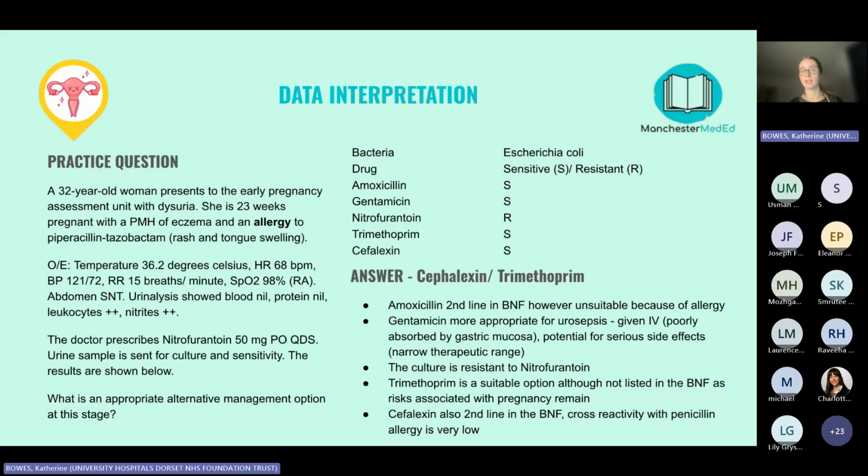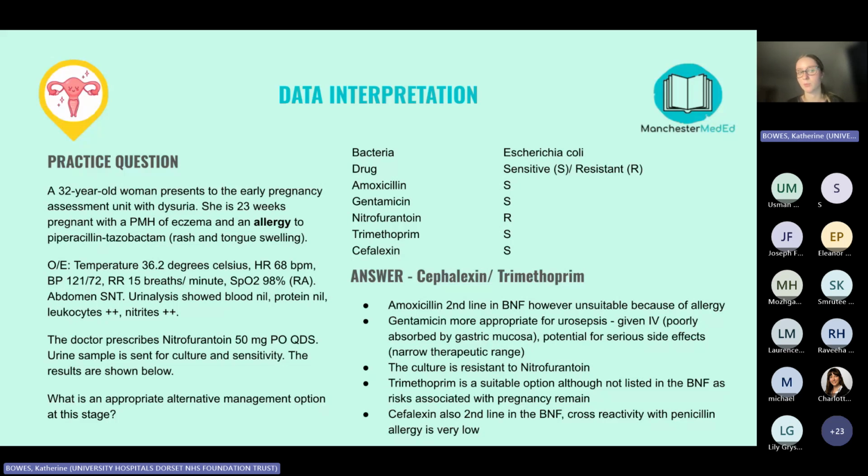In terms of gentamicin, the sensitivity results show it's sensitive, but it's given IV and is more appropriate for very unwell patients with urosepsis. It has quite a narrow therapeutic index, so you'd need gentamicin level monitoring, which would determine your next dosing. So it's less appropriate in this scenario.